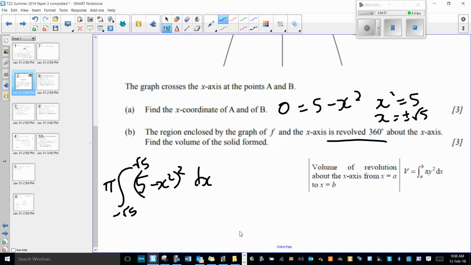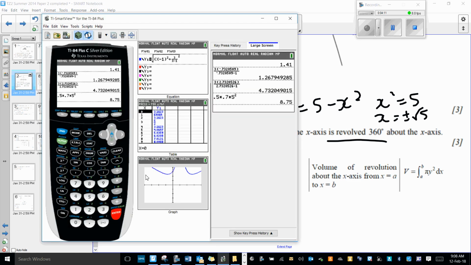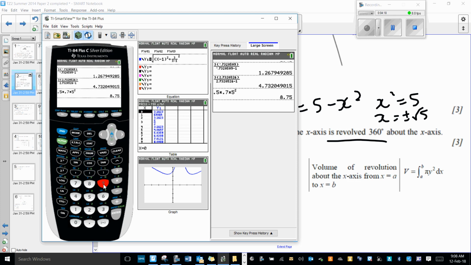Okay, so it's on the calculator paper, so we can just do it roughly.